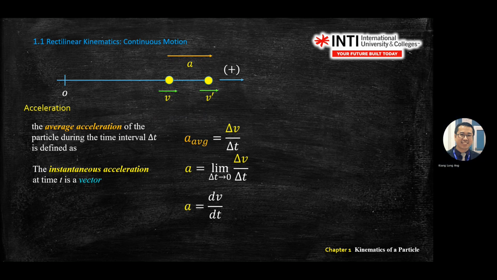What do you get? 4, which means 4 meters per second squared. This is the first approach. Let's check the second approach, where you'll see this one most of the time in your final exam.